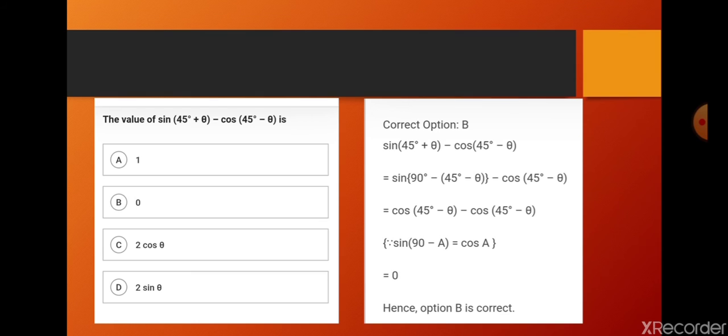Sine of (45 degree plus theta) minus cos of (45 degree minus theta) equals sine of (90 minus 45 degree minus theta) minus cos of (45 degree minus theta). Then the conversion will be cos of (45 degree minus theta) minus cos of (45 degree minus theta). So both the terms will cancel. So we are left with 0. Hence the correct option is B, 0.